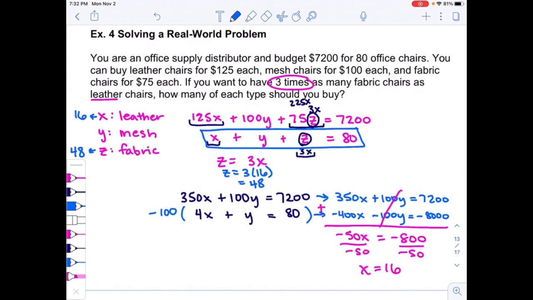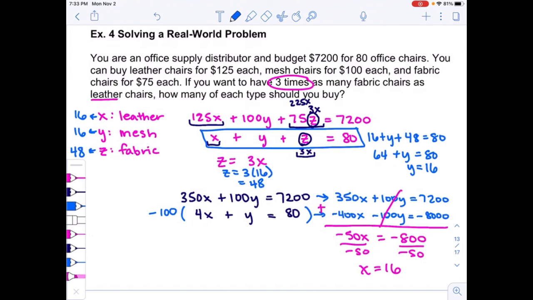So I'd have 16 plus Y plus 48 has to equal 80. 48 and 16 is 64, plus Y is equal to 80, which means that Y is equal to 16. So that means we have 16 leather, 16 mesh, and 48 fabric.